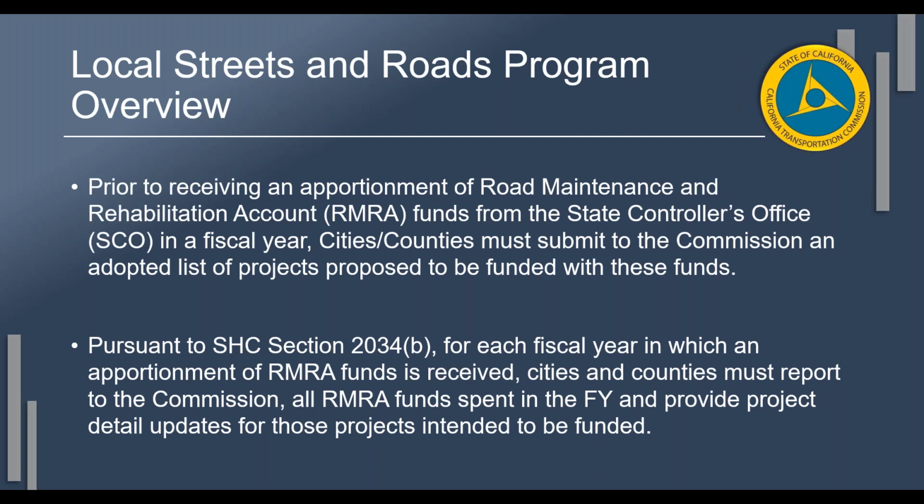Also, as a condition of this program, you are required to report to us, the commission, how the funds are being spent every year, and the status and details of those projects in which program funds, so road maintenance and rehabilitation account, RMRA funds, are being spent each and every year.